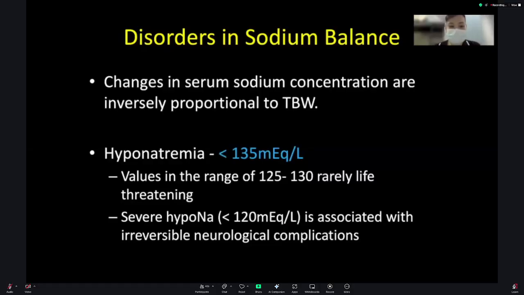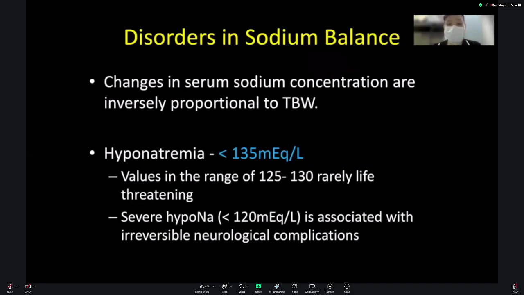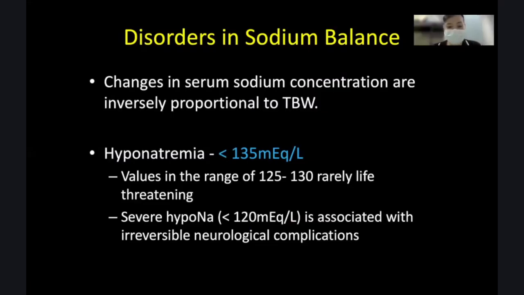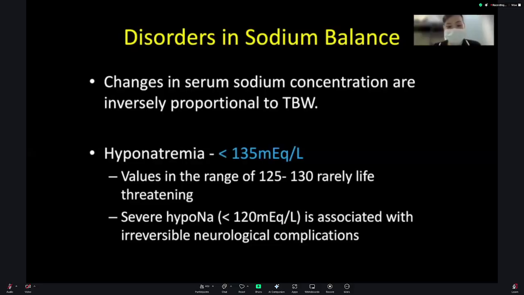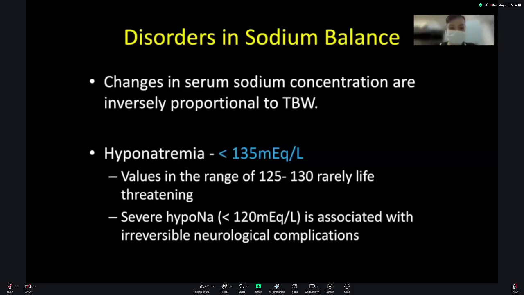Values range from 125 to 130, and you will rarely have life-threatening complications. For severe hyponatremia, less than 120 mEq per liter, these are associated with irreversible neurological complications. That's why electrolyte balance is very important as well.